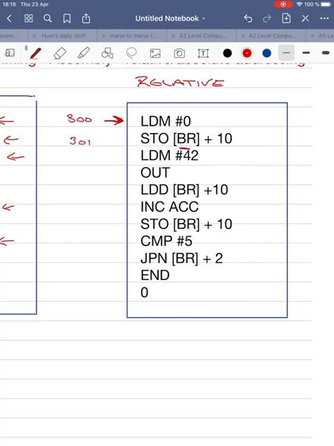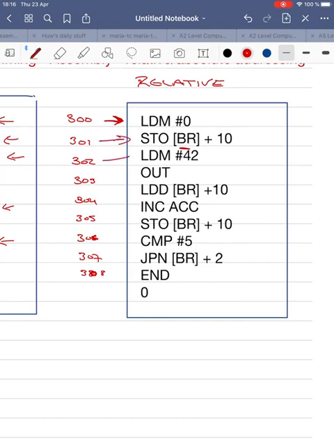So the lines of code, each instruction, is stored in these locations: 305, 306, 307, 308, 309. Hang on.